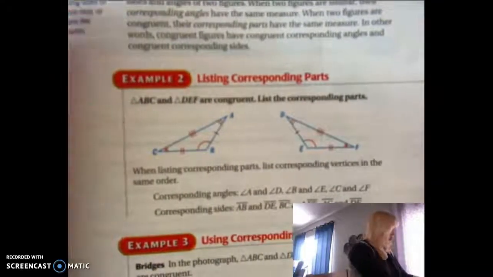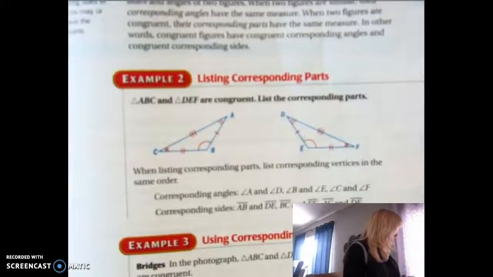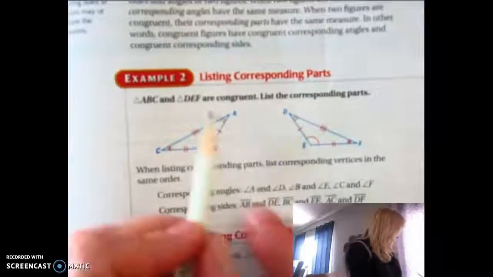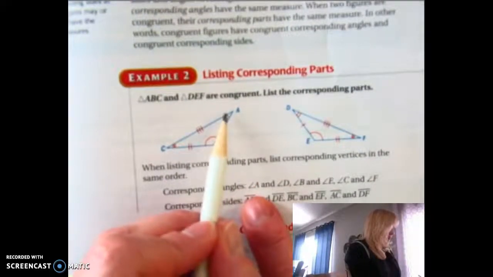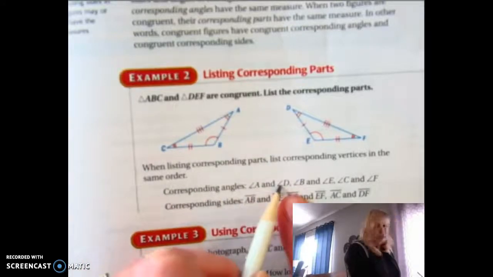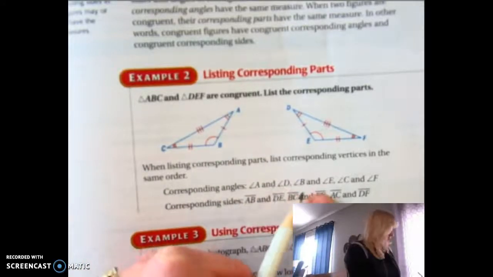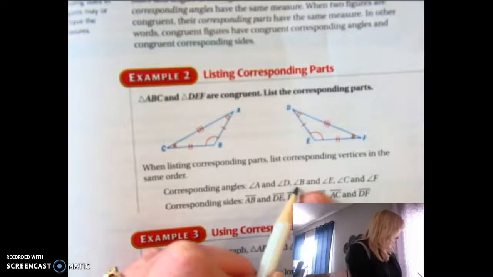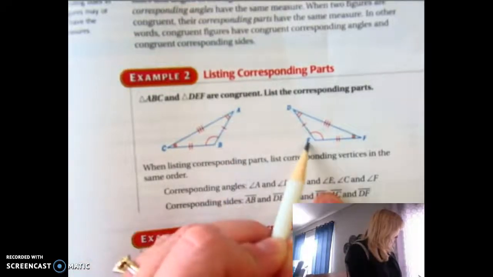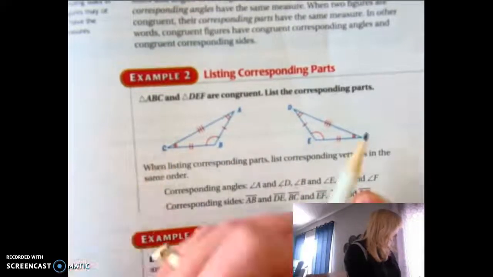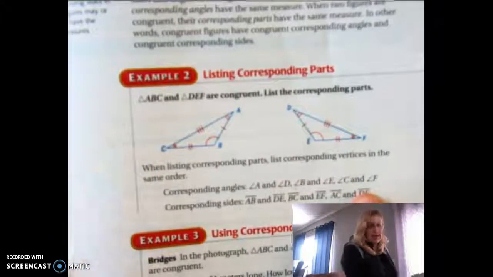So when you are writing a list of corresponding angles, you would write, okay, angle A and angle D correspond, angle B and E correspond, angle C and F correspond. Okay?